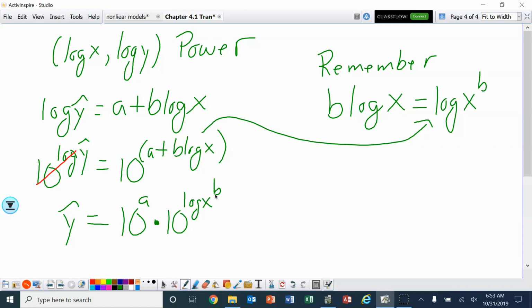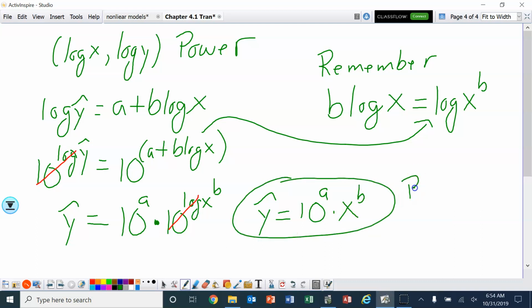Just like on the left side, the 10 and the log cancel each other out, and we're left with y hat equals 10 to the a power times x to the b power. That is the power property. X must be a base.